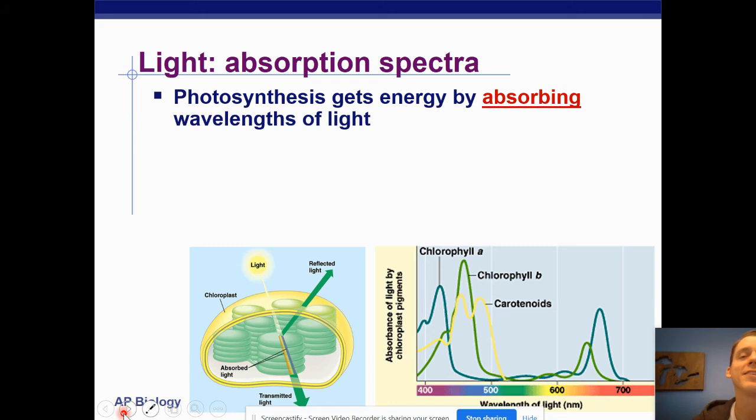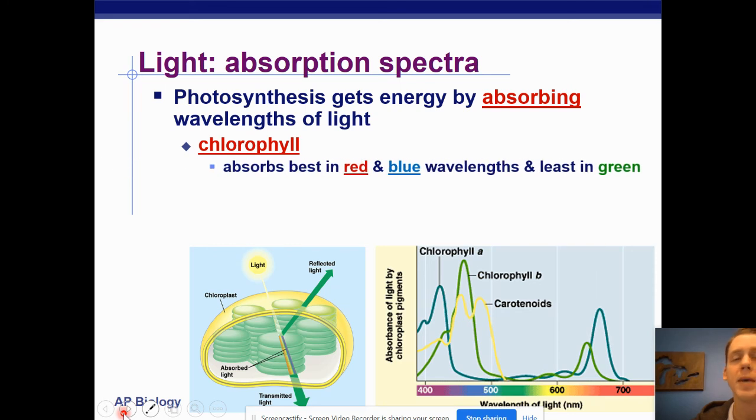So photosynthesis gets its energy by absorbing certain wavelengths of light. Chlorophyll is a pigment that is going to absorb lots of red and blue, and it's not going to absorb very much green. So if we look at chlorophyll A in the graph here, chlorophyll A absorbance is high in the bluish purple area, very low when it comes to green. That means it's not absorbing green at all, and then high again in red.